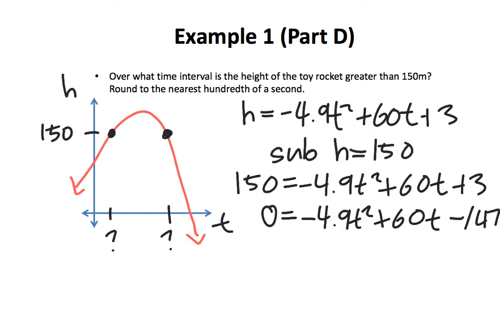To find the values of t, we can either factor or use the quadratic formula. I would highly suggest to use a quadratic formula once again, since these numbers aren't the easiest to work with. So our a value is negative 4.9, our b value is positive 60, and our c value is negative 147. So let's just write that down.